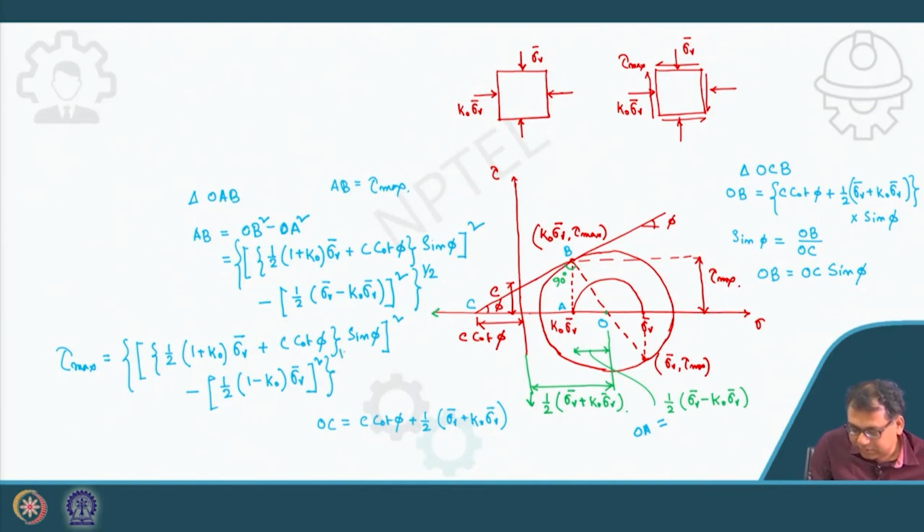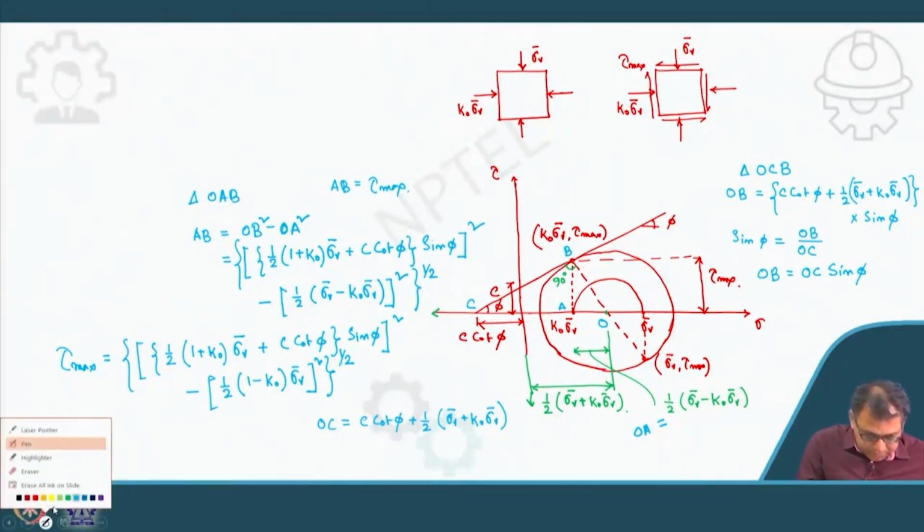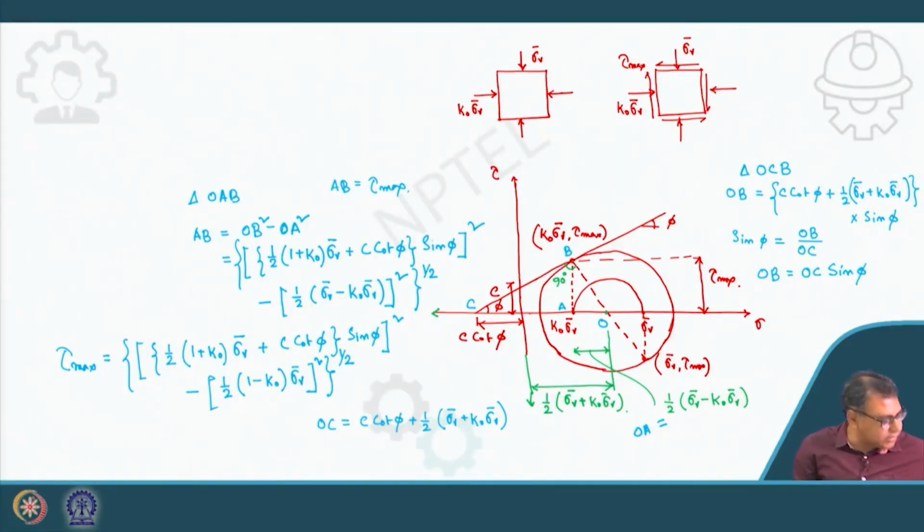So this is the expression of tau max. Clear? So now I have the expression of tau max. Now let's determine the tau max value.